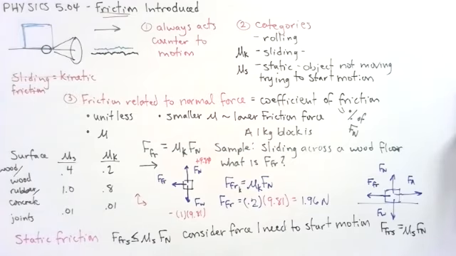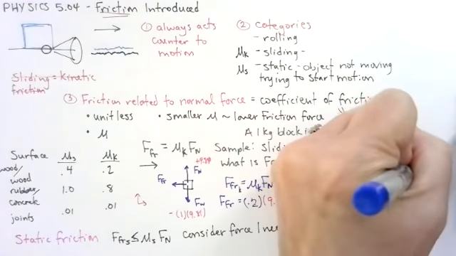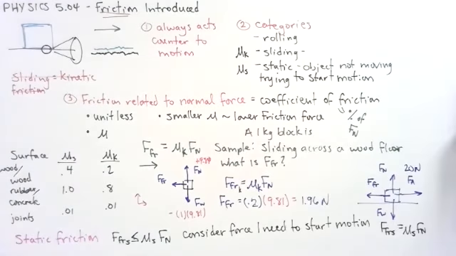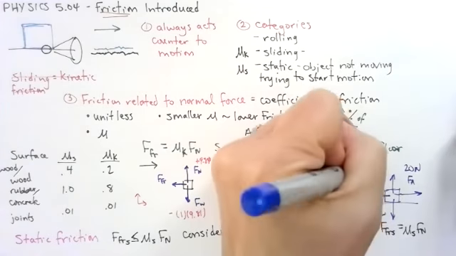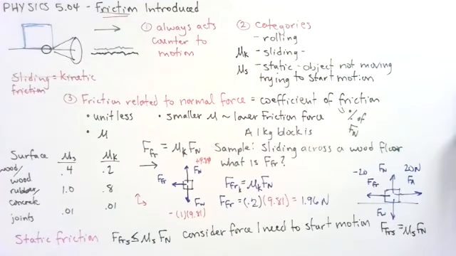But let's say this applied force at the time the motion starts is 20 newtons, and then this is going to be negative 20 newtons. If it takes 20 newtons to get this moving, what happens if I push on this block with 5? Well, I'm going to have 5 newtons this way, and negative 5 newtons this way.